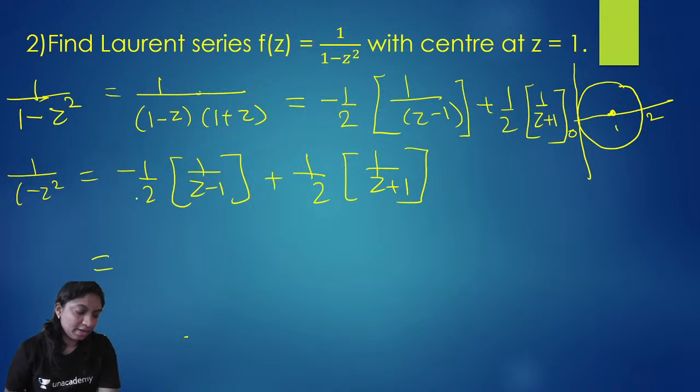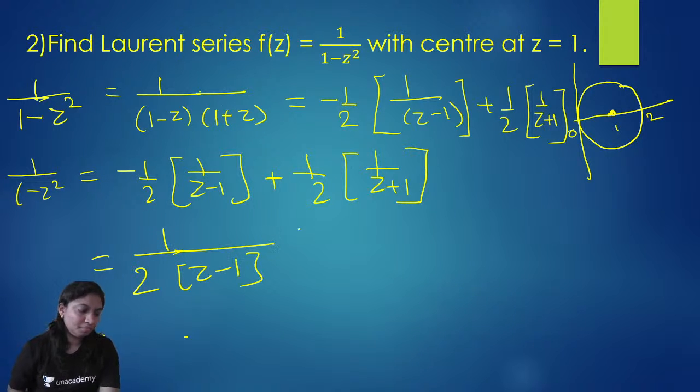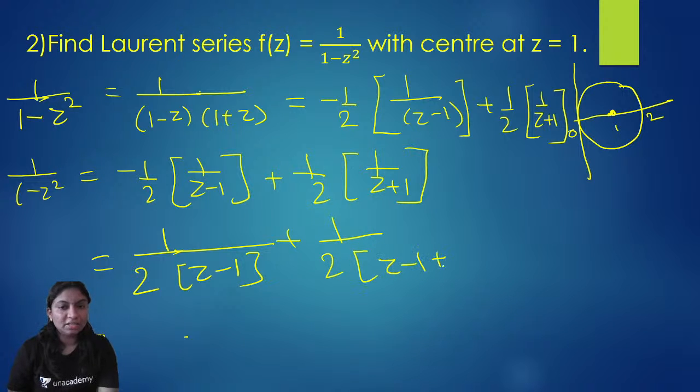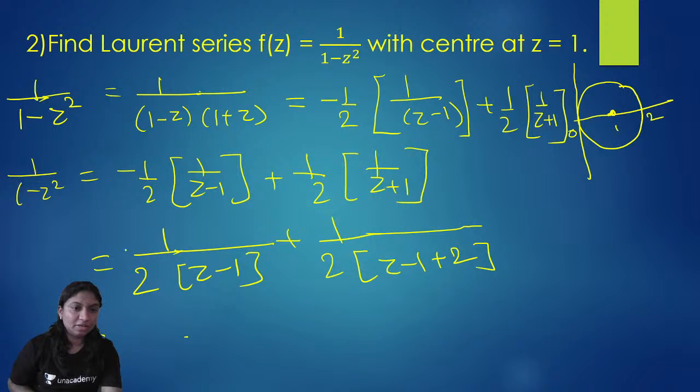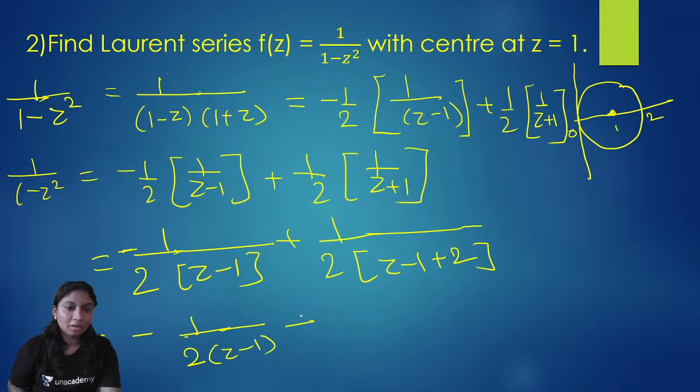Here we can write 1 upon 2 into (z minus 1), plus 1 upon 2 into bracket (z minus 1 plus 2). Right? Why am I writing the same? Instead of writing z plus 1, I'm writing z minus 1 plus 2.